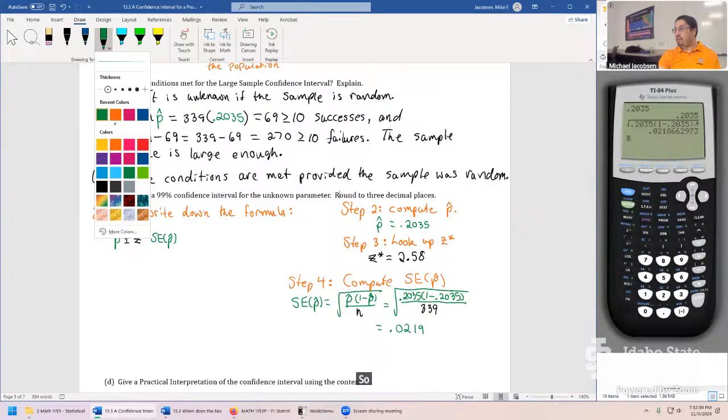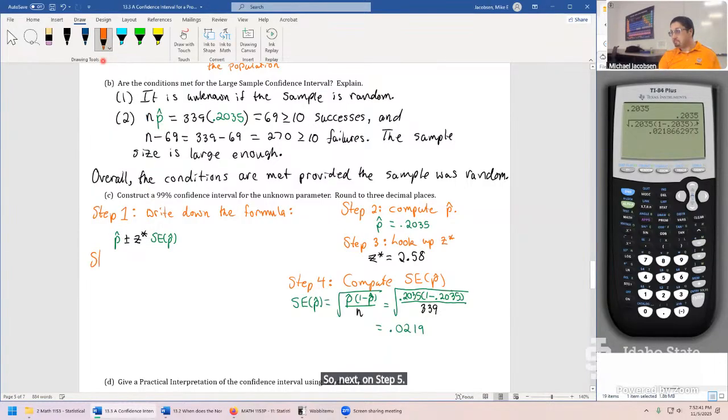So next, on step 5, all we're doing now is, let's say, substitute in the values.